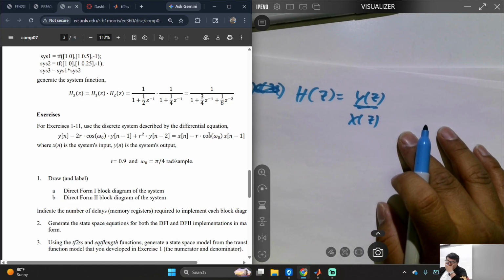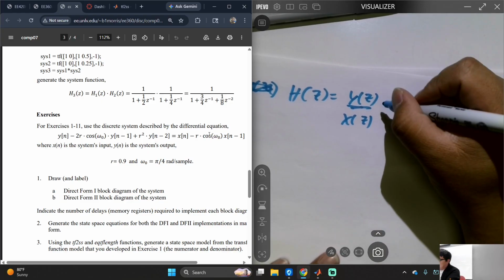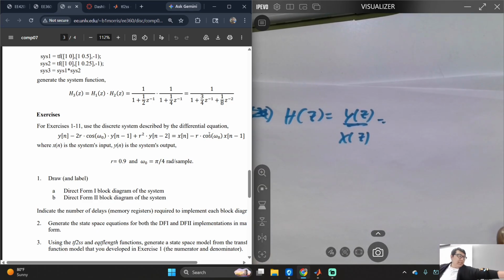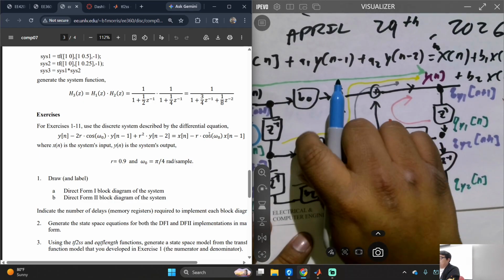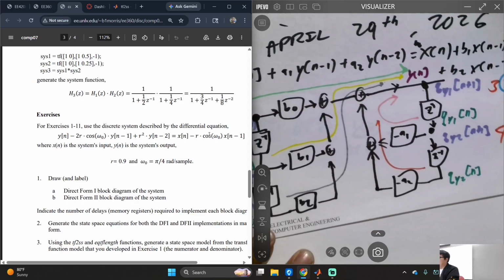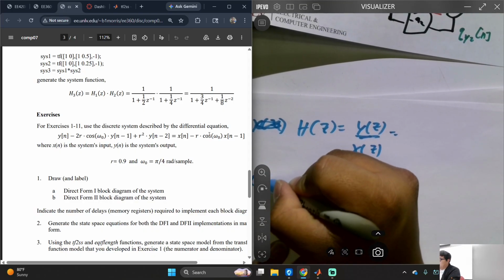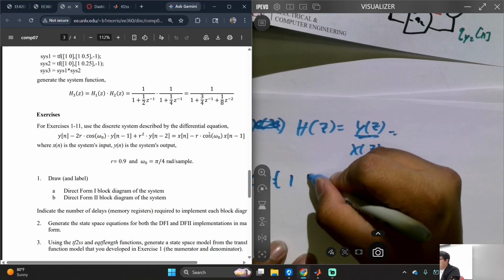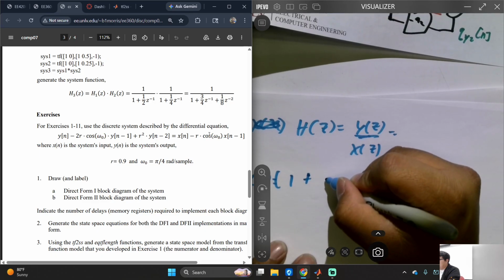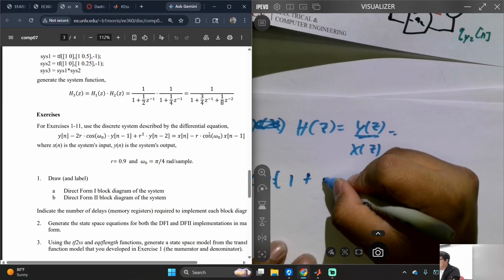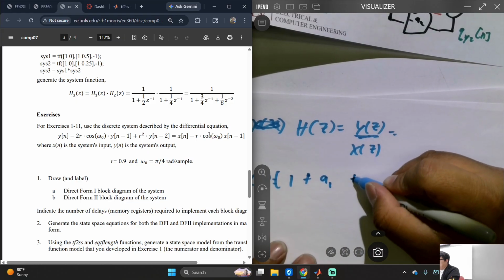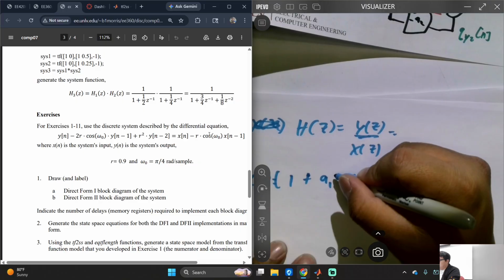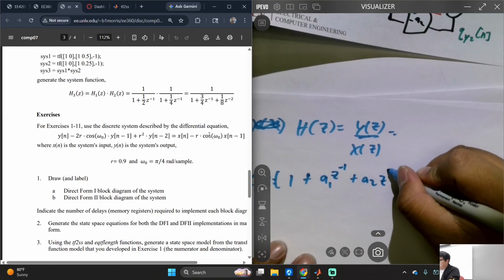So, let me think. I've got to write stuff out. Everyone can agree that if I did a z transform of all this in the top right here, I'm going to get the following: Y(z) times (1 plus a1 z^-1 plus a2 z^-2), right?